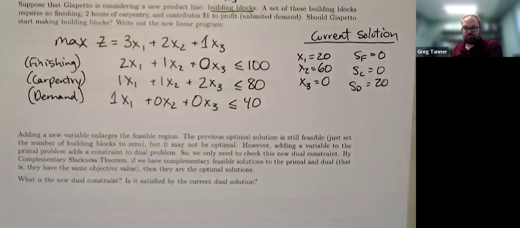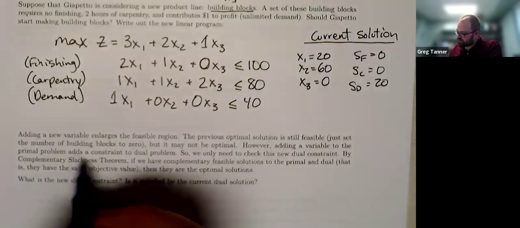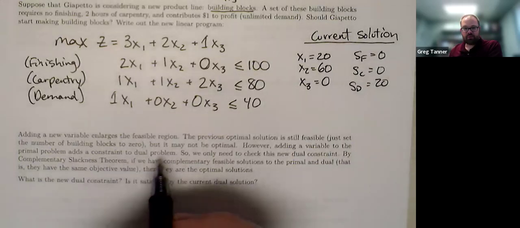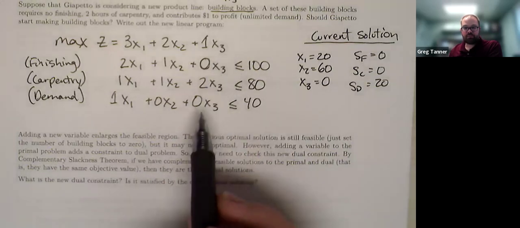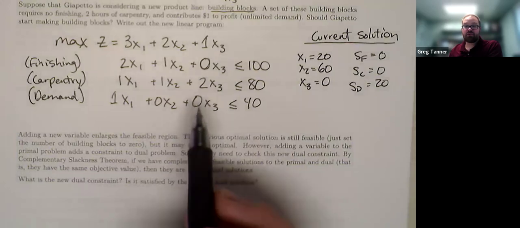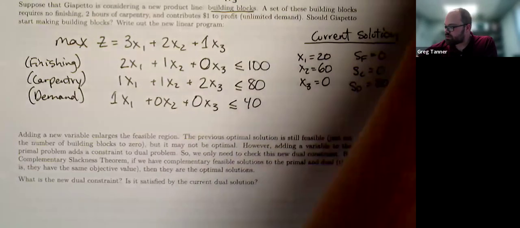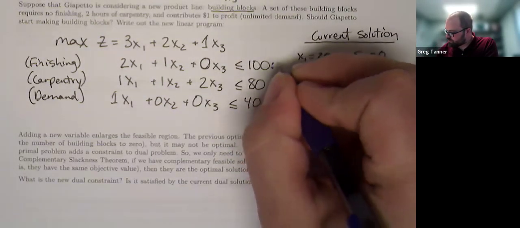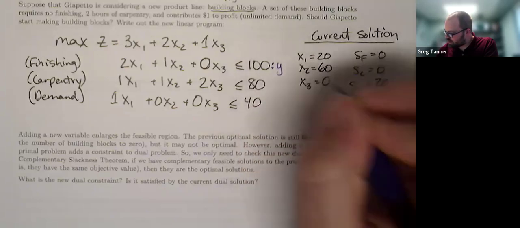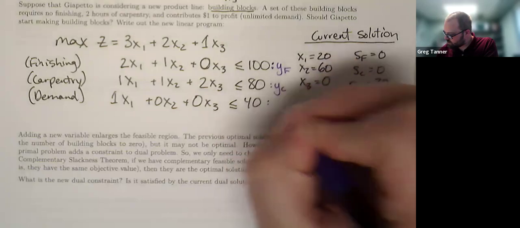Okay, but adding this new variable adds a constraint to the dual problem. Our variables in the primal problem correspond to constraints in the dual problem. So let's note down our dual variables here. Maybe we'll call them YF, YC, and YD.